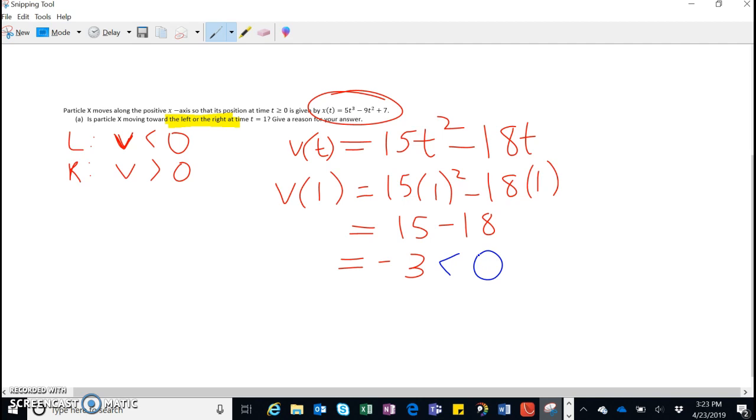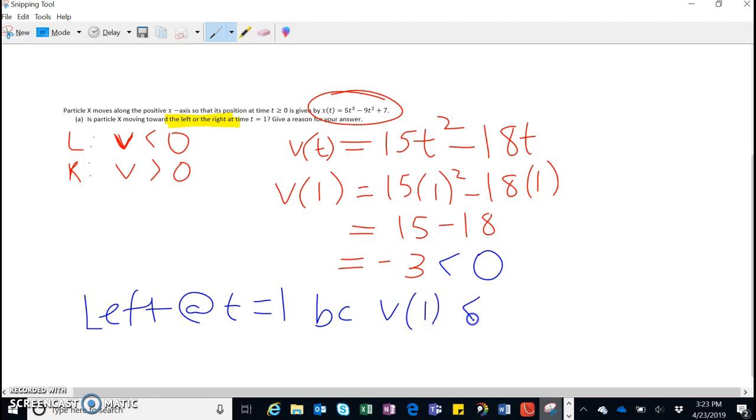So I can come to the side now and draw my conclusion. I'm moving left at t equals 1 because v of 1 is less than 0.